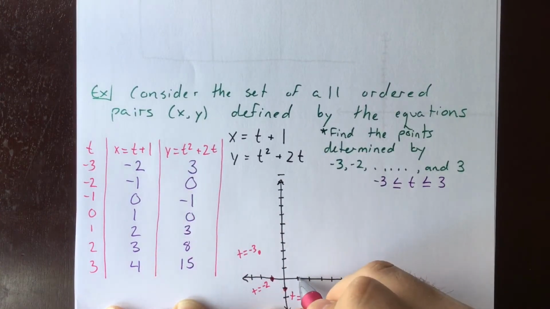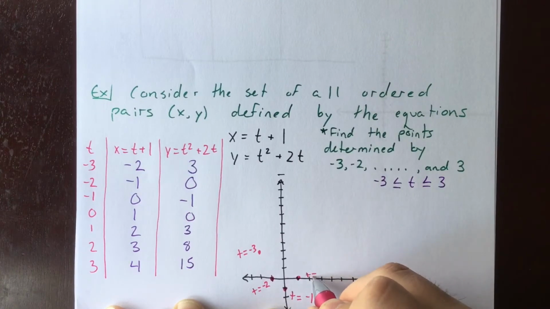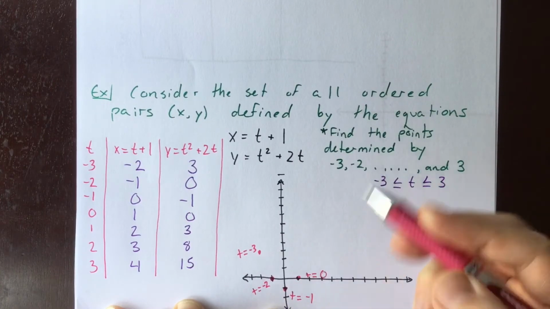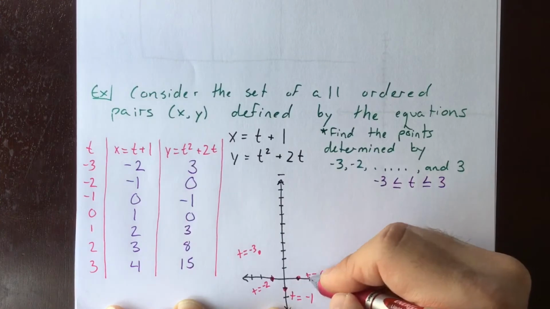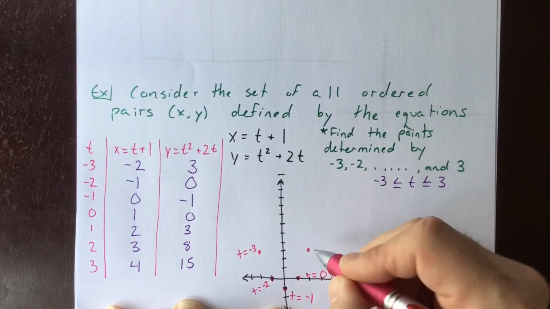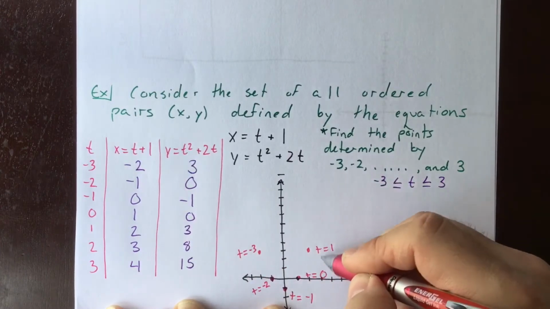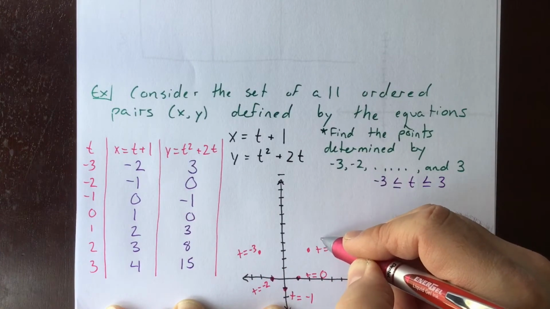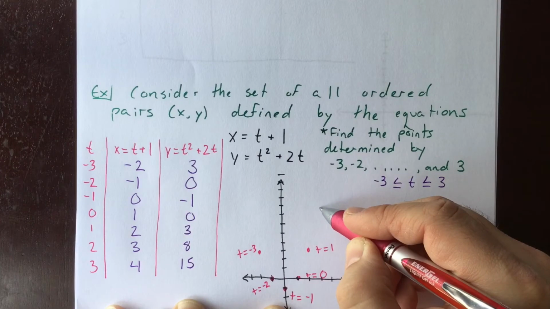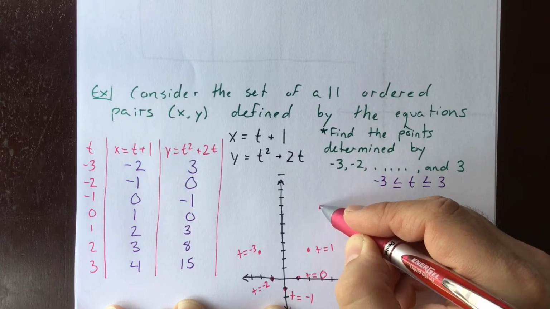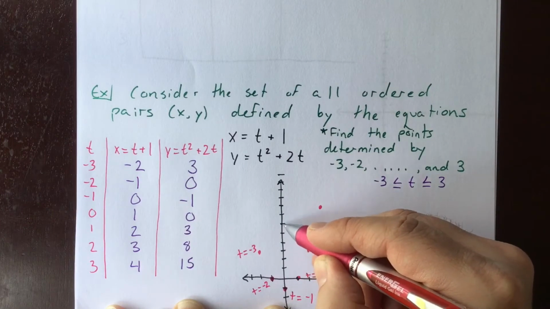Okay, 1, 0. That was t equals 0. 2, 3. Let's see, 3, 8. 3, 4, 5, 6, 7, 8.